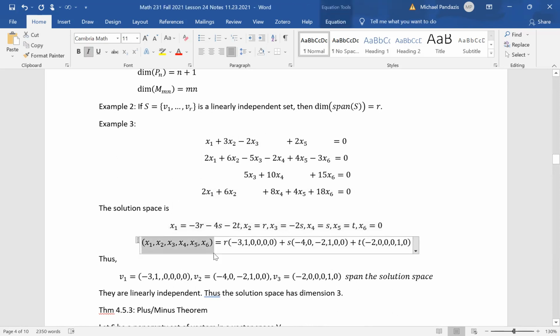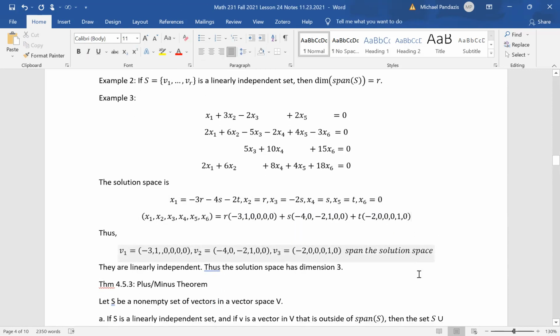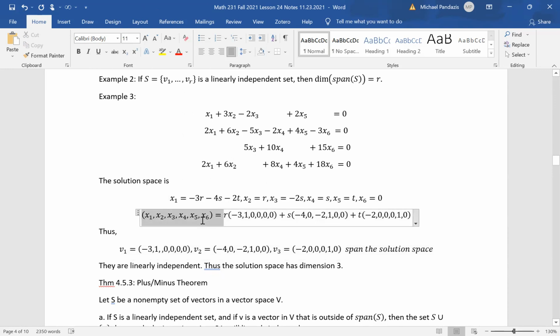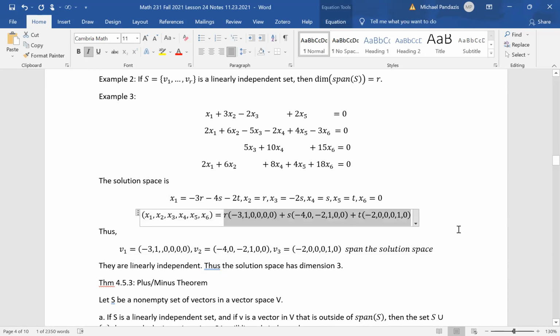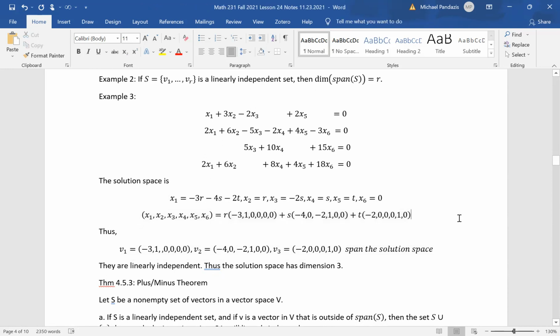Now, if you write that 6-tuple out, you can write it as a linear combination of these three vectors: r times this vector plus s times this one plus t times that one. So the set of all solutions to that linear system is the set of all linear combinations of those three vectors with coefficients r, s, and t, respectively.